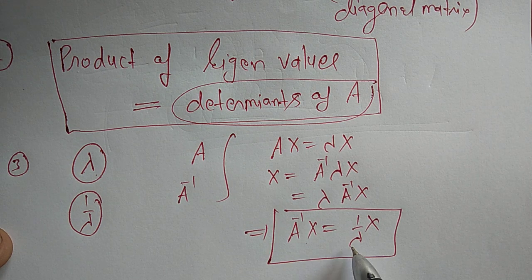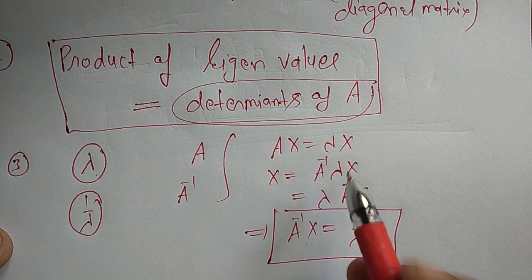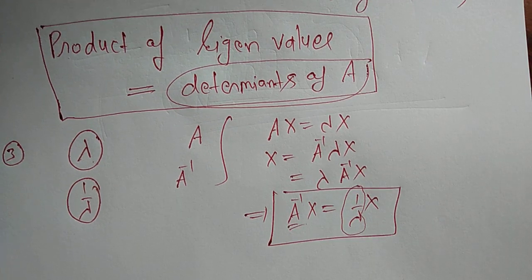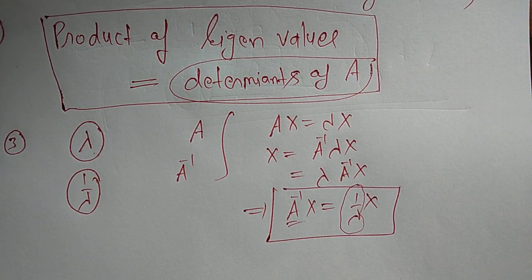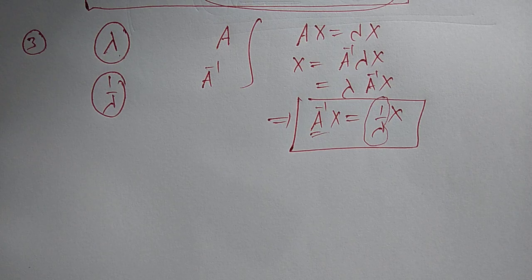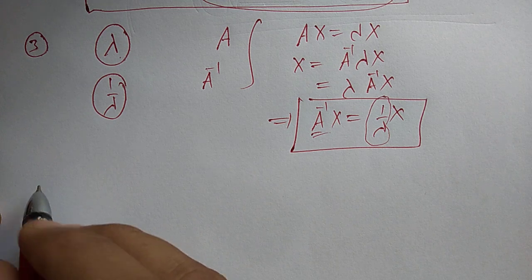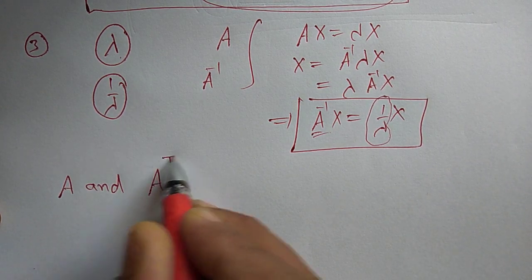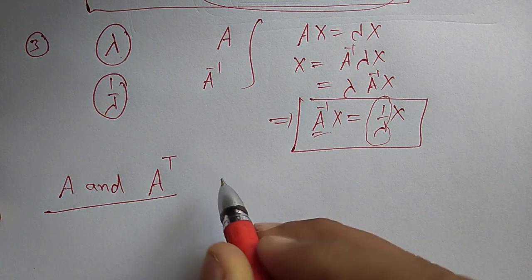So if lambda is the eigenvalue of A, then 1 by lambda is the eigenvalue of A inverse, provided lambda is non-zero.